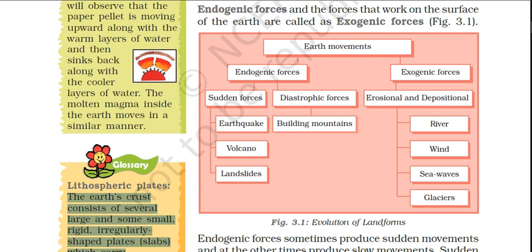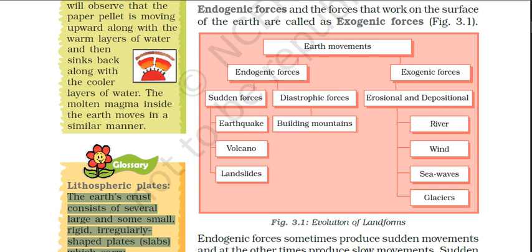Earth movements are divided into two: endogenic forces and exogenic forces, which are again subdivided into different types. Sudden forces and diastrophic forces come under endogenic forces, and exogenic forces have erosional and depositional forces.